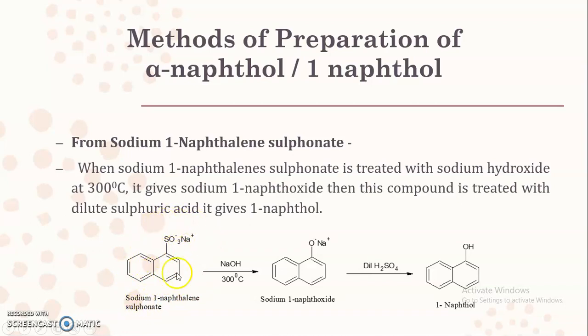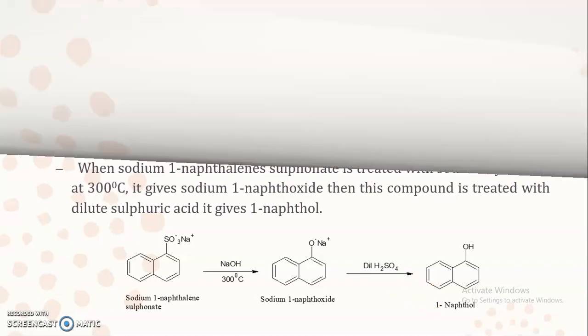This compound is first treated with sodium hydroxide at 300 degrees Celsius to get sodium 1-naphthoxide, that is, the sodium salt of naphthoxide is generated, and on treatment with dilute mineral acid it is converted into 1-naphthol. So this is the first method for the preparation of 1-naphthol.